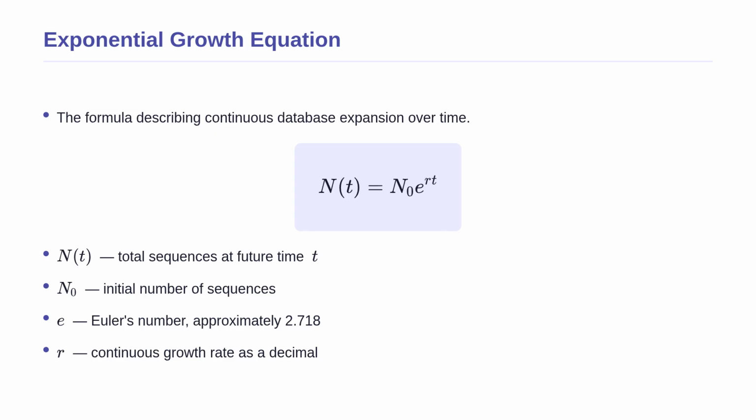The letter e is Euler's number, approximately 2.718, the fundamental base for continuous growth. The variable r represents the continuous growth rate, expressed as a decimal. If the growth rate r increases, the total number of sequences will explode upward much more rapidly, requiring massive new supercomputers.